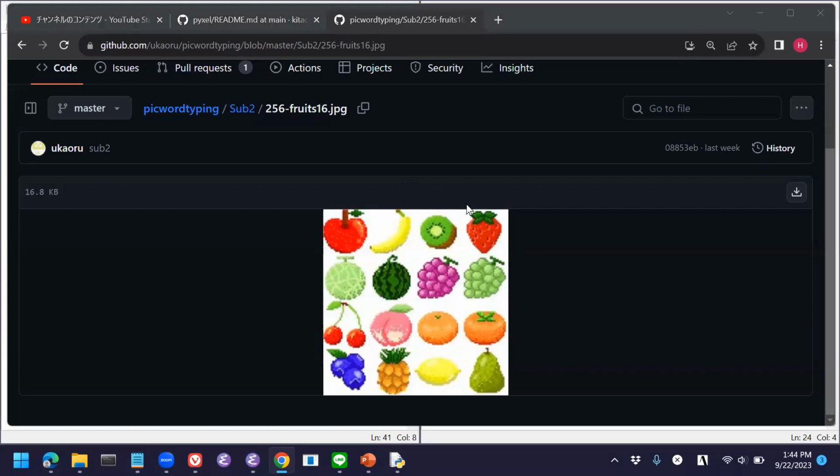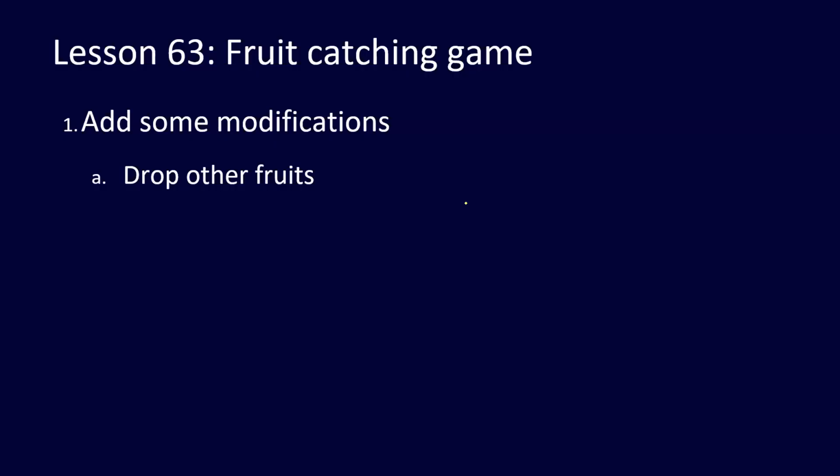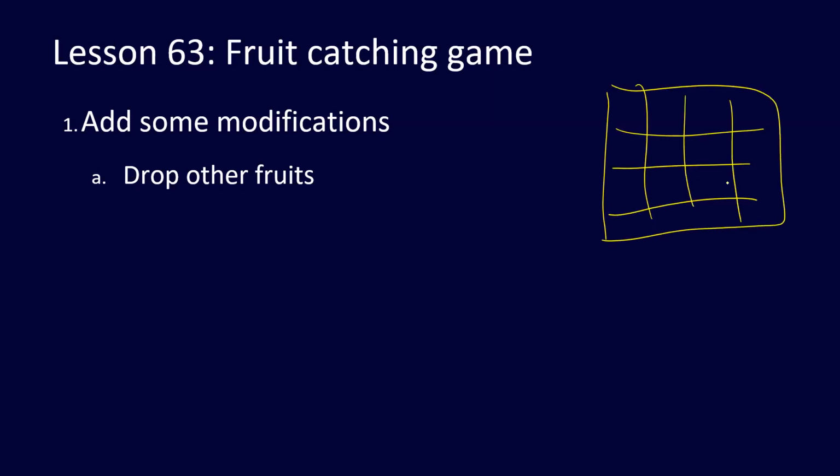So the mechanism is that there are 16 fruits, and here is 0, 0, and this point is 64, then 128, something like that, and that's the x coordinate, and y coordinate too. This is 64, then 128.